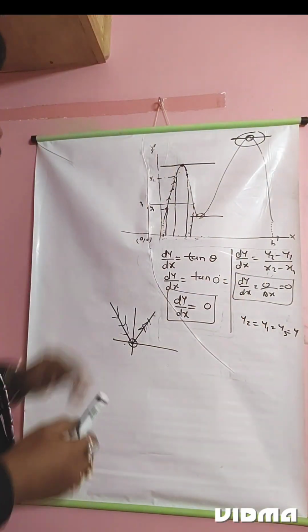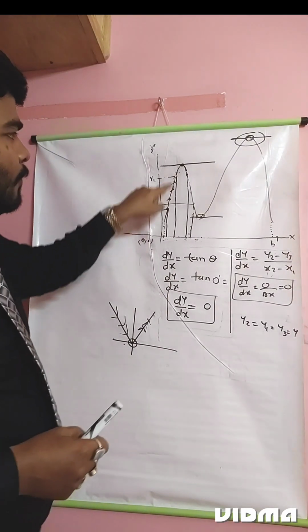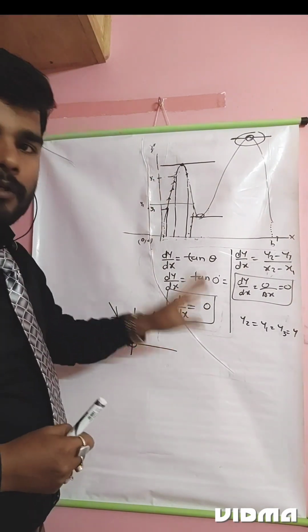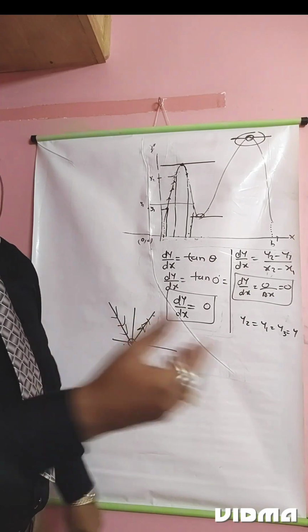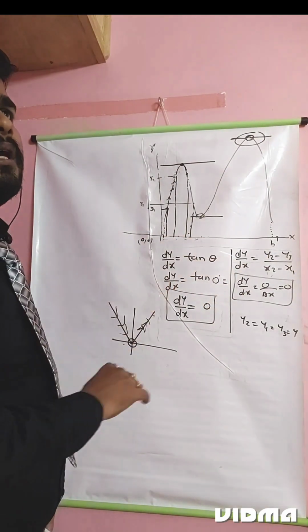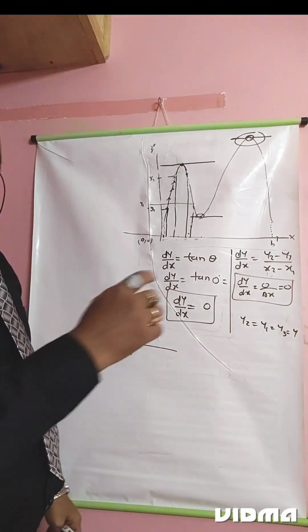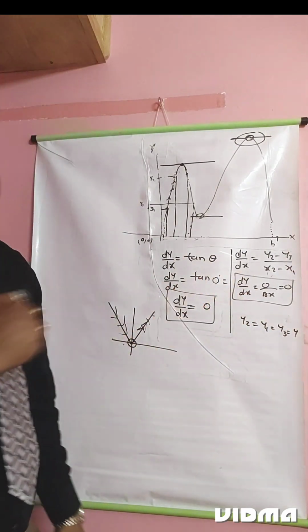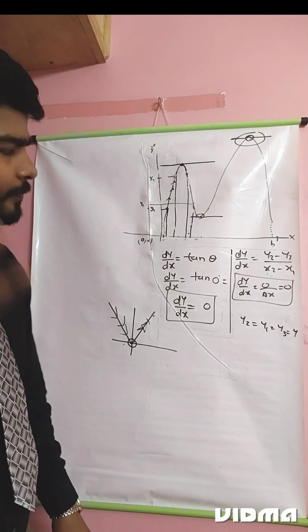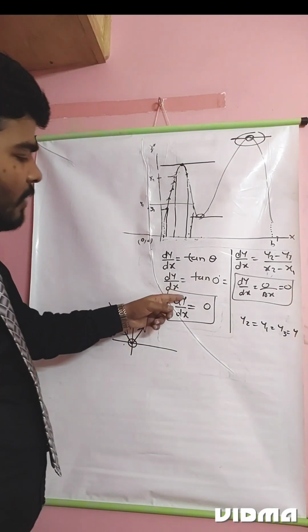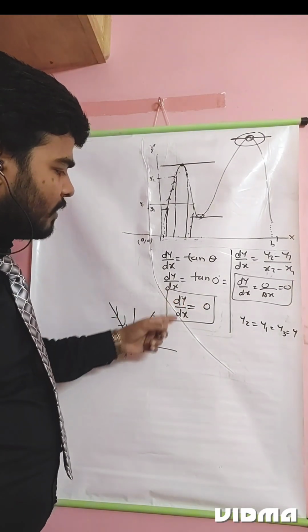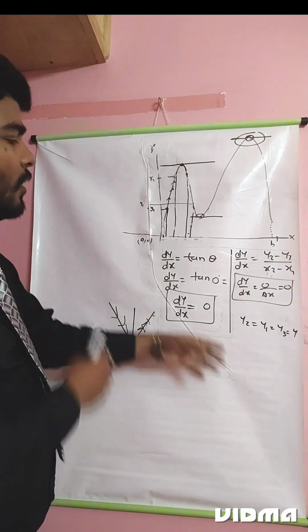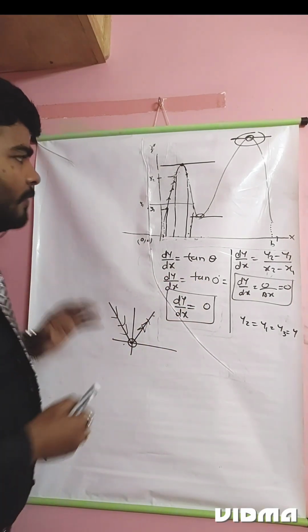And the second point is that at a critical point dy by dx is equal to 0. So if we have an equation dy by dx equal to something, on equating it to 0, we can find the critical point. The equation dy by dx equal to 0 gives us the value of x, which is called the critical point.